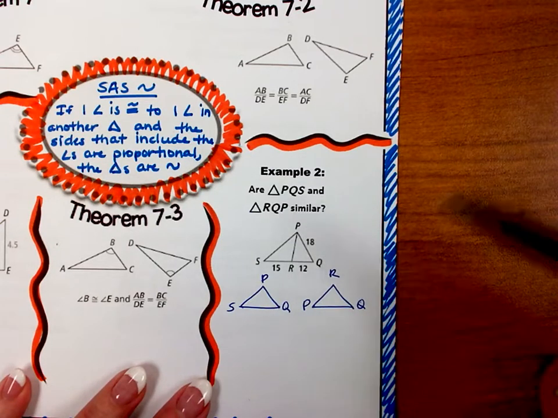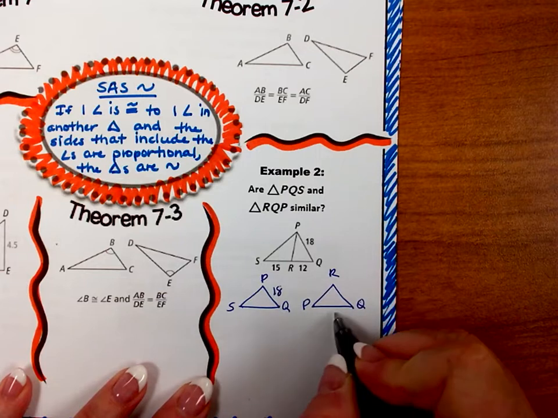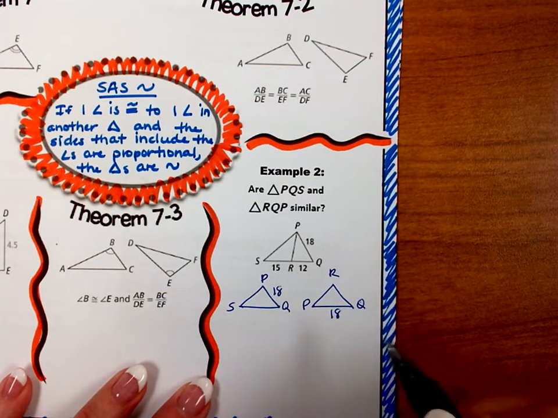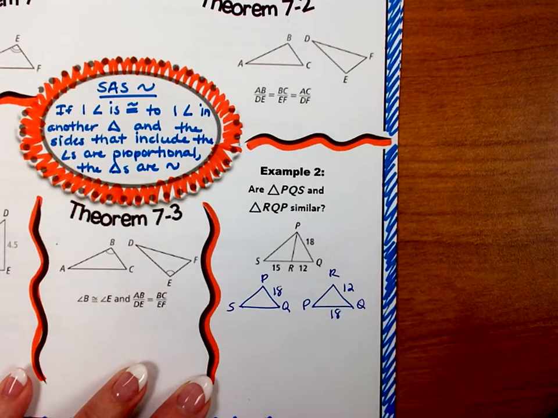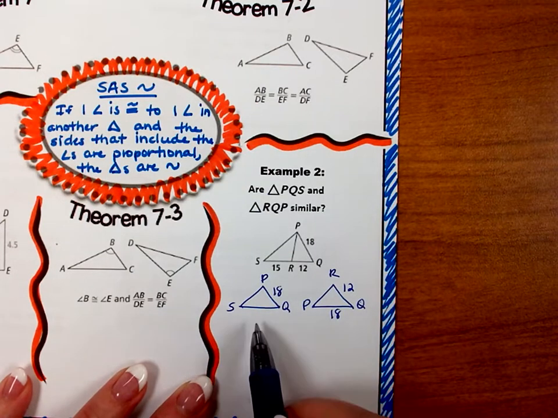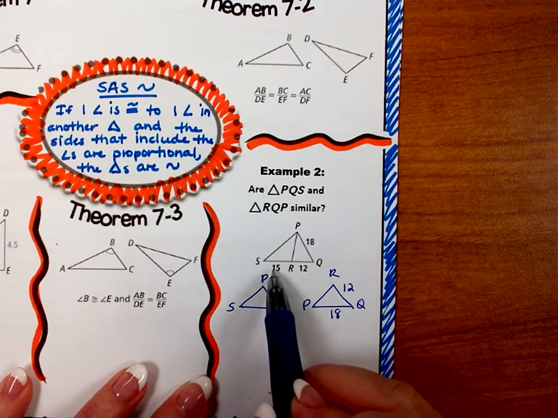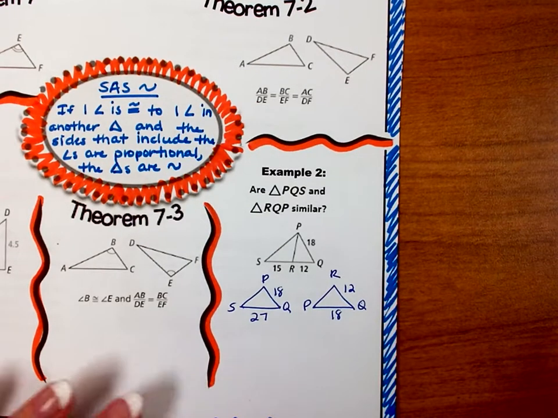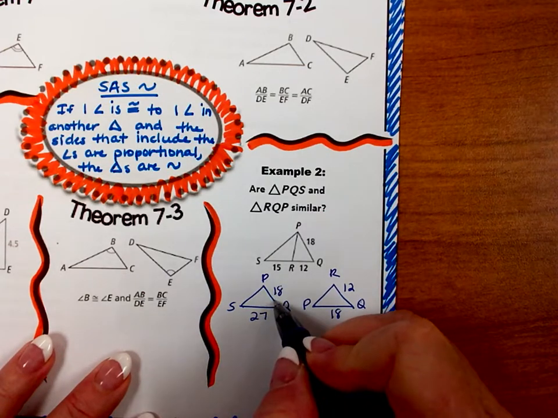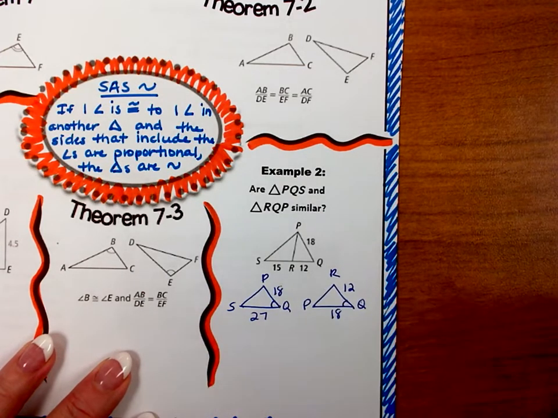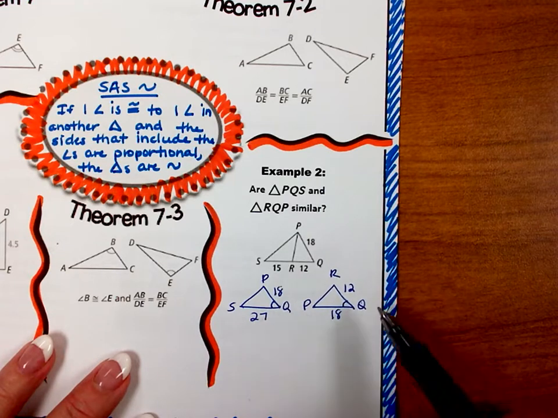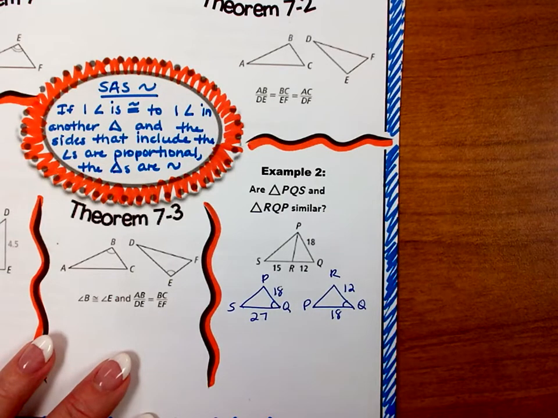So PQ is 18 in both of these, and RQ is 12, and SQ is 15 plus 12, so that's going to be 27. Okay, now we also have angle Q, which is in both of these. So we're looking at the two sides that include angle Q, which is congruent in both triangles.